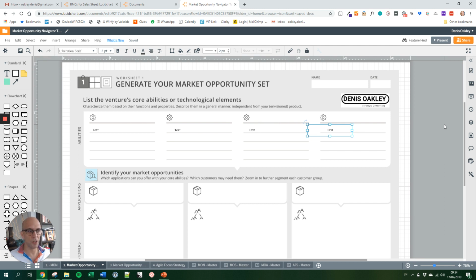Electric vehicles: get rid of the petrol engine, put an electric one in. Autonomous vehicles: get rid of the driver, put an artificial intelligence one in. Mobility: get rid of your car, use some other way of using transport.